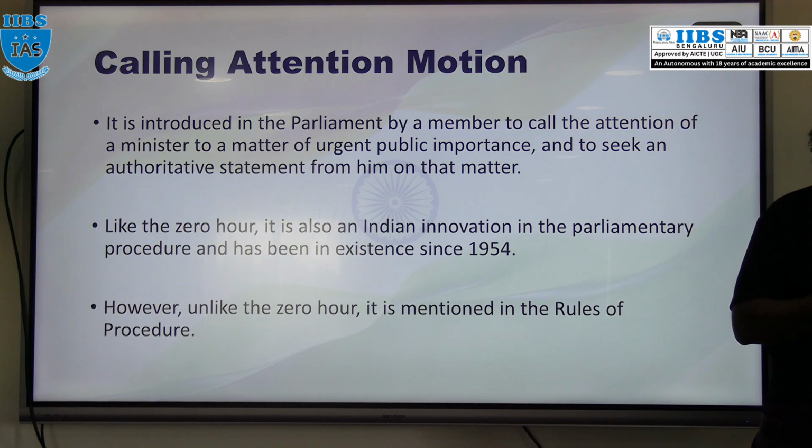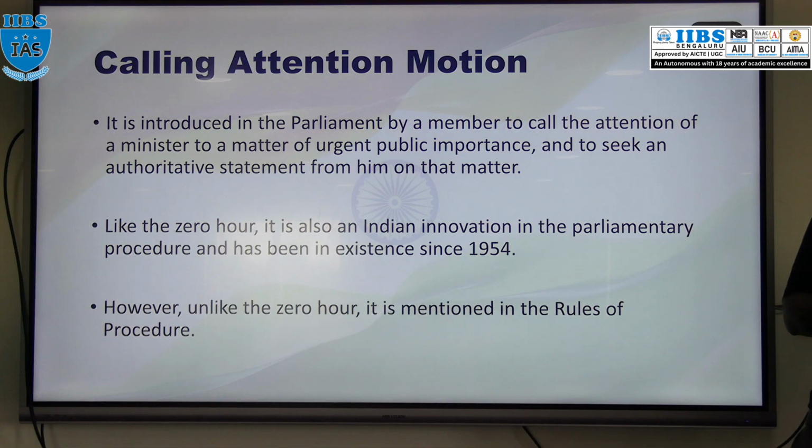In a recent incident, one MP from the TMC, Trinamool Congress, was smoking an electronic cigarette. I hope you know that news. So sometimes when discussions are going on, members of parliament are doing something and not paying proper attention, right? During that time this calling attention motion will be moved by any member of parliament.